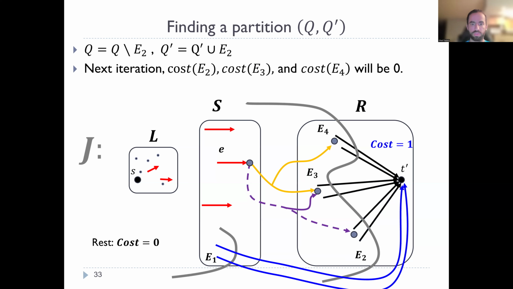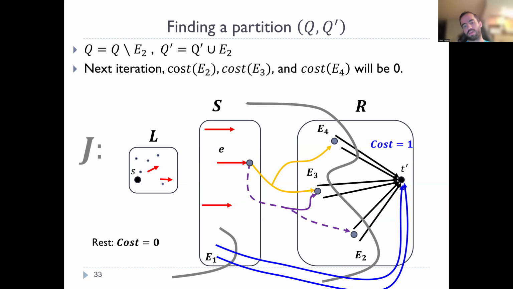We can continue. Then again we remove E2 now from Q and add those nodes to Q prime. And then in the next iteration, the cost of all of E2, E3, and E4 will be 0. So the algorithm would like to use them. That's an incentive to use them.